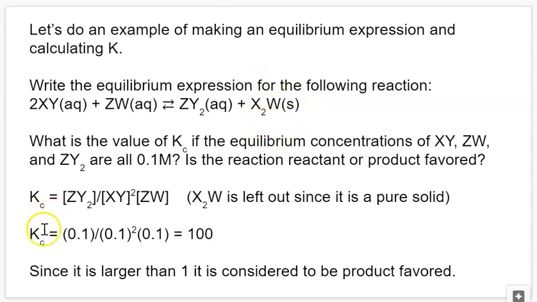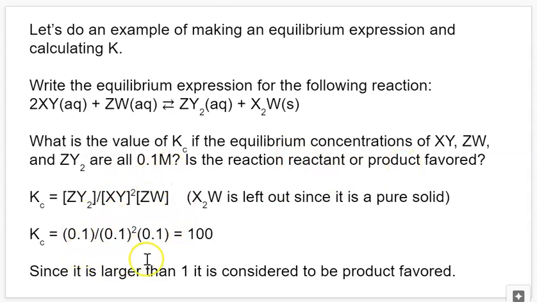So that's going to be removed from the expression. And that's going to be over both reactants, which are XY and ZW. And since XY had a molar coefficient of 2, it's going to be raised to the second power. Now, we know that the equilibrium concentrations of all three of these substances in the expression are all 0.1 molar.